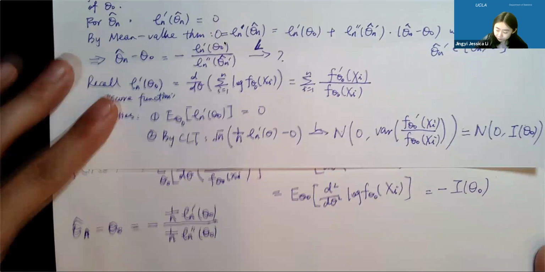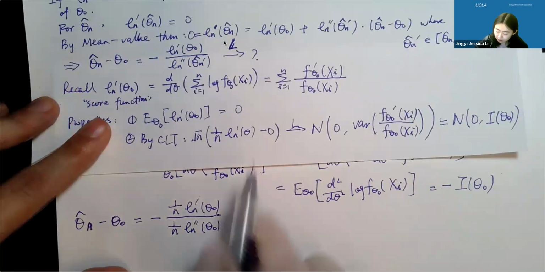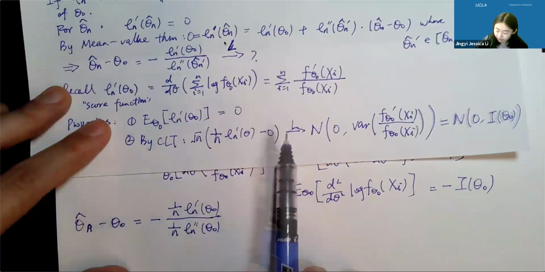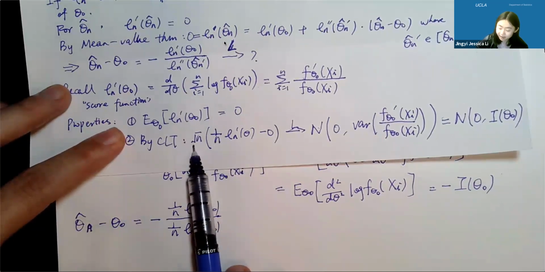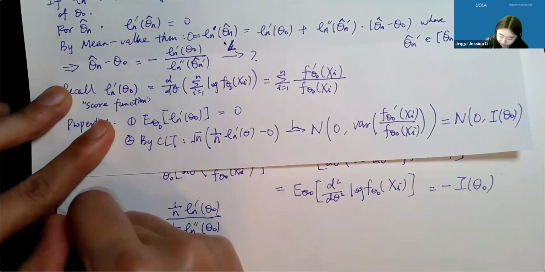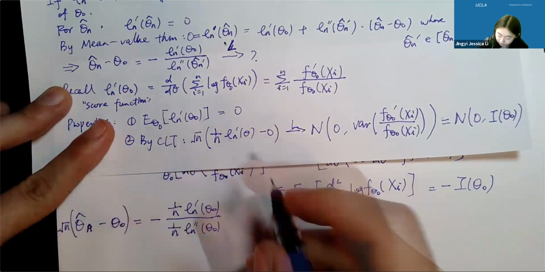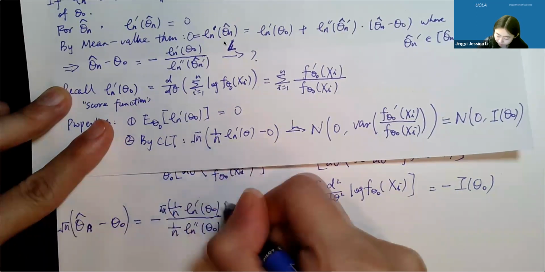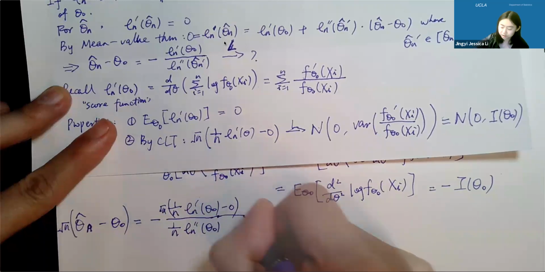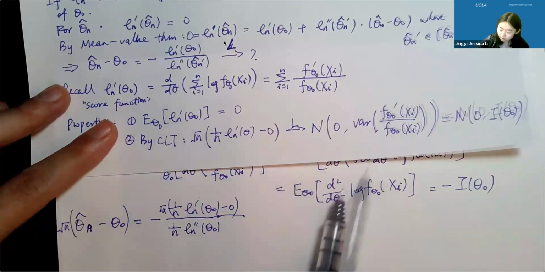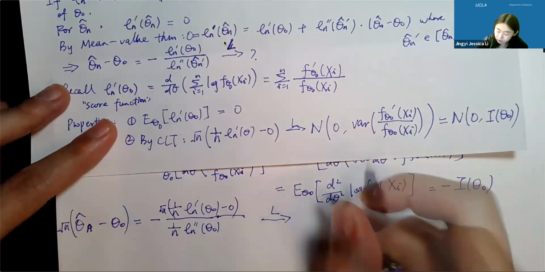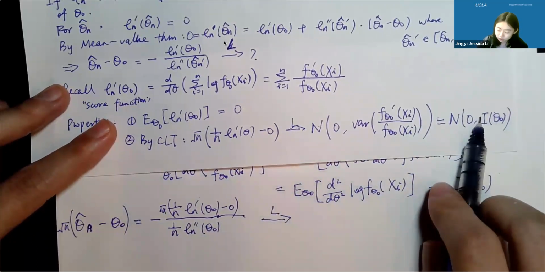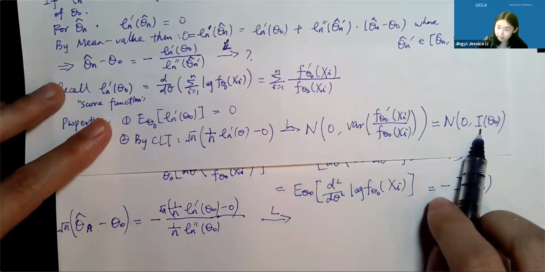For the numerator, if I multiply by root n on the left-hand side, it doesn't change anything, and the numerator converges to a normal distribution with Fisher information as the asymptotic variance.